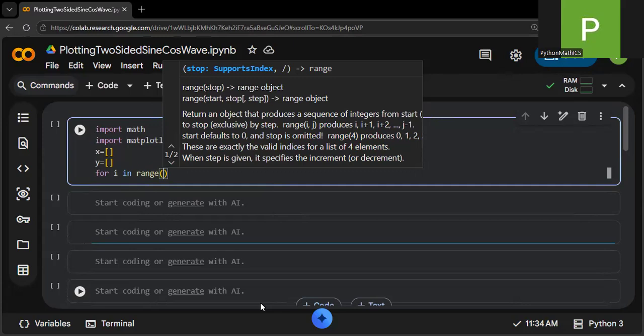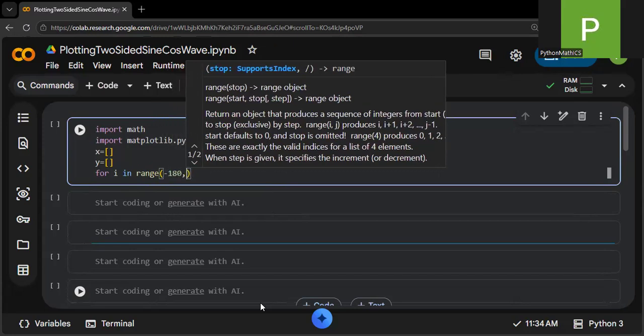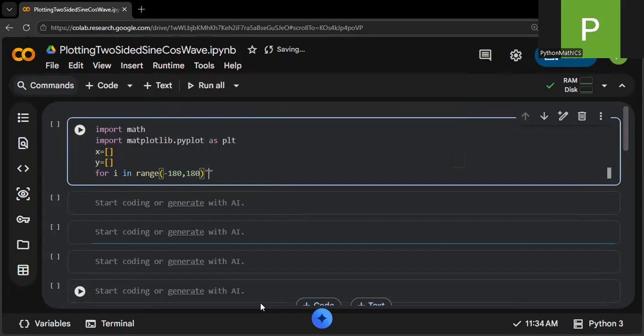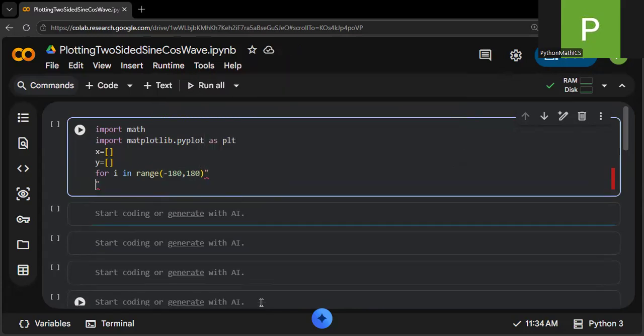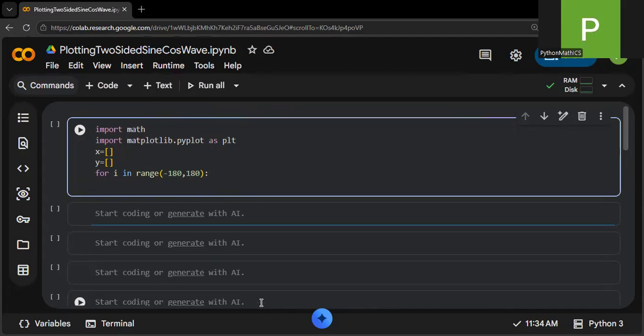So in degrees, minus pi means minus 180 degrees and plus pi means plus 180 degrees. So I will say range, and then I start with minus 180 degrees to 180 degrees. And so you understand we need a colon. Okay, this is the format of the for loop.